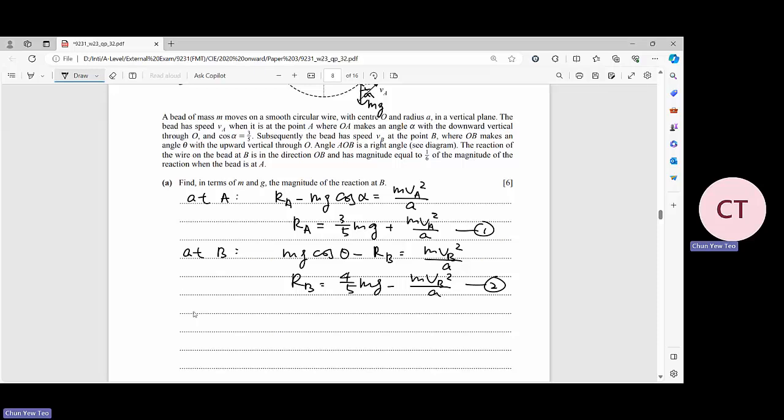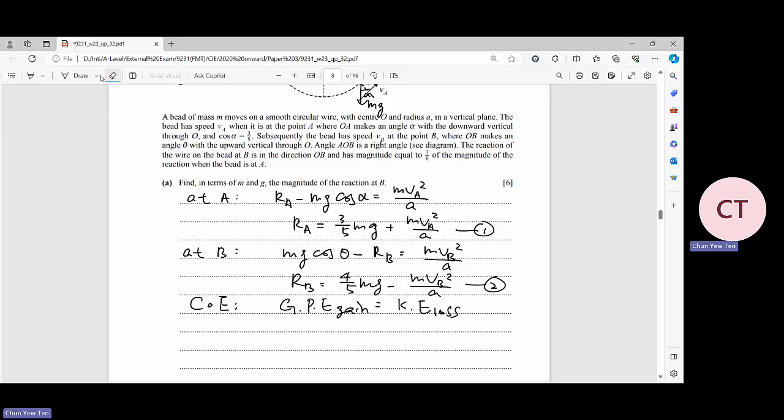Then this one definitely needs the conservation of energy. If you're using conservation of energy, the GPE gain is equal to the KE loss. No, this one is the GPE.